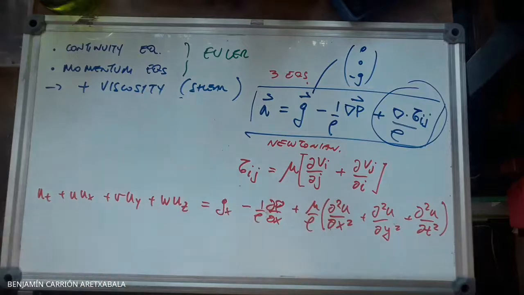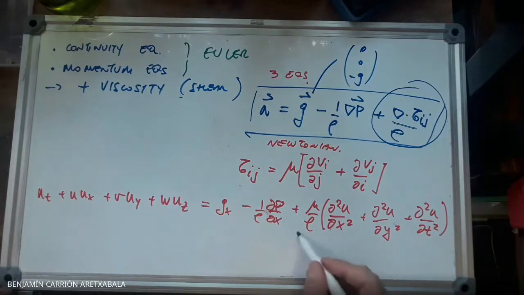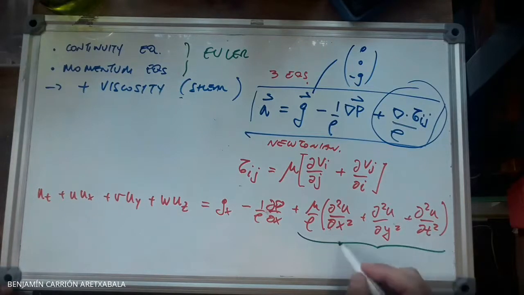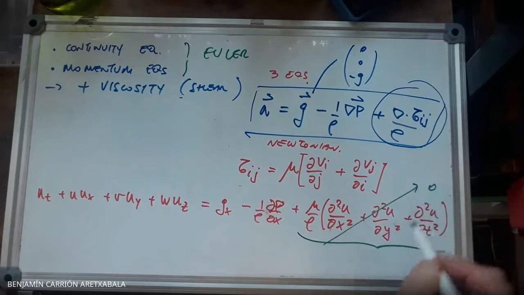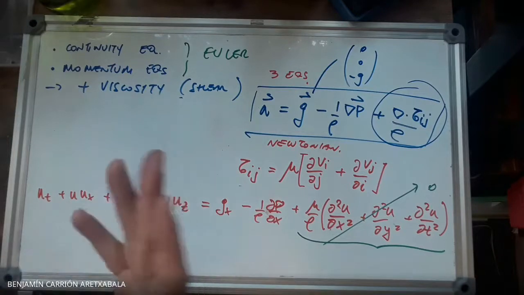And all of these forces are due to viscous stresses. These are viscous forces. So what we did before is say that all of this is pretty much zero, and then you get Euler. Euler equations are for when the viscosity is not very important.